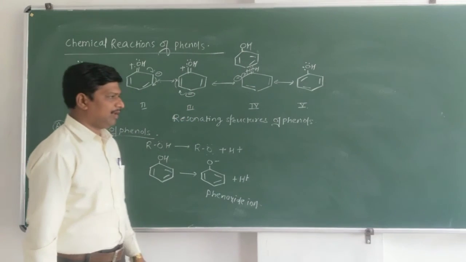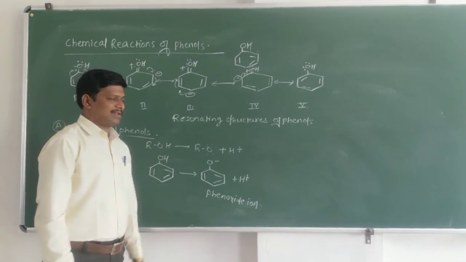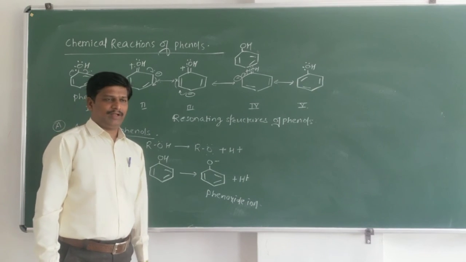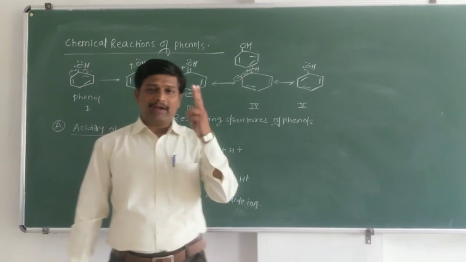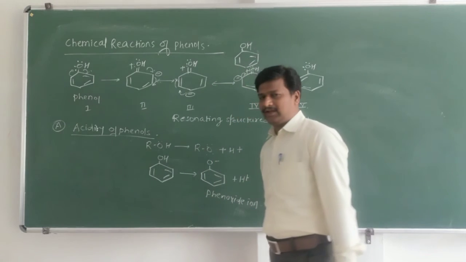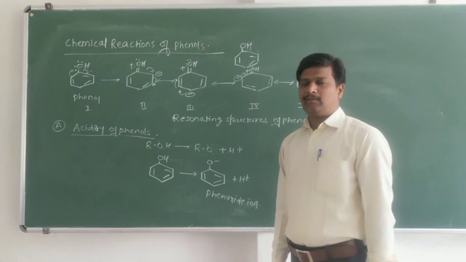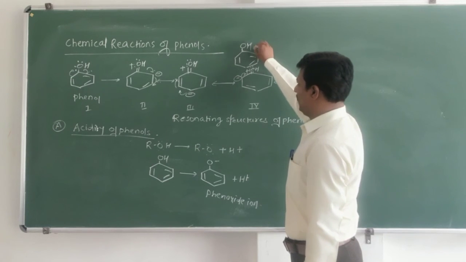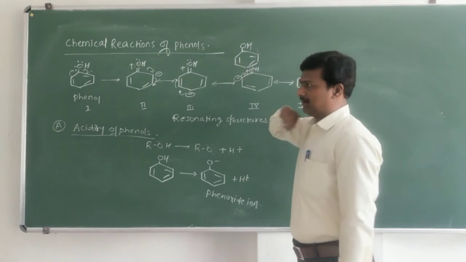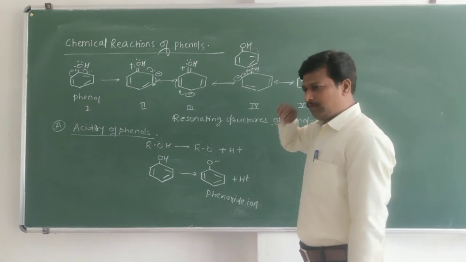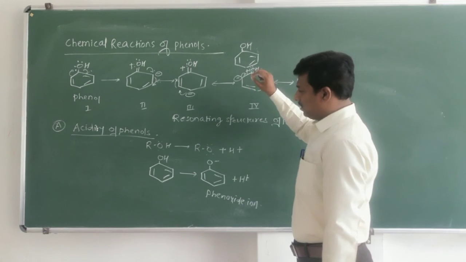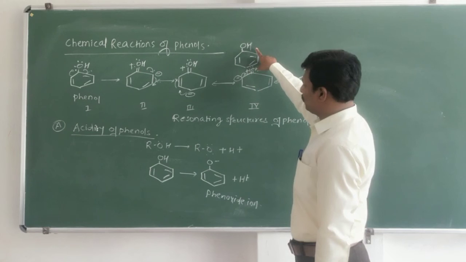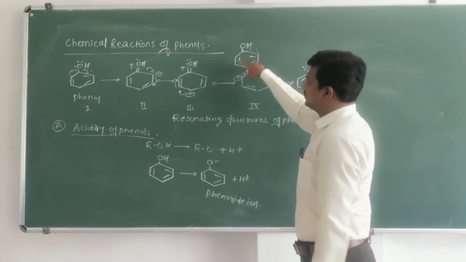Now after this description, come to the next point: phenol is a bifunctional compound. Now the question arises, why is phenol a bifunctional compound? Because phenol contains the OH group as well as the aromatic ring. In phenol, the reaction takes place due to this OH group as well as due to this aromatic ring.